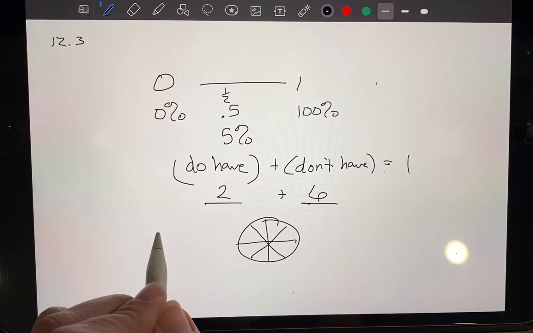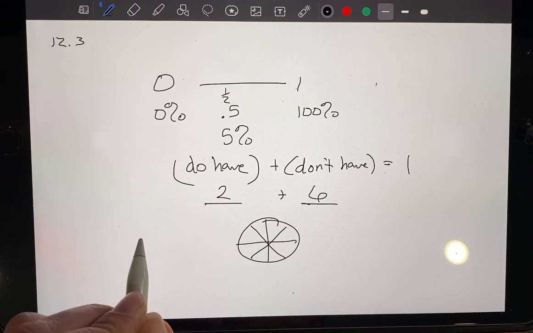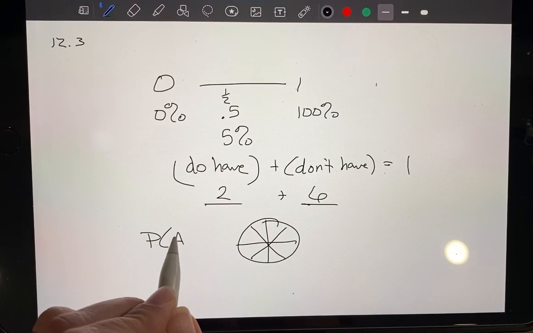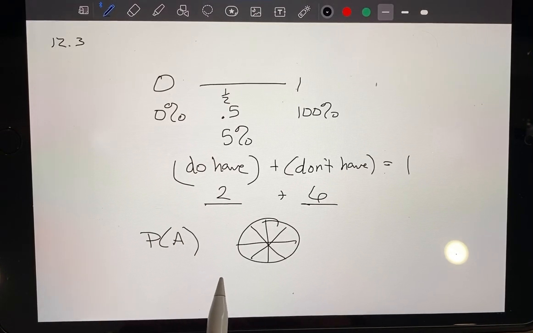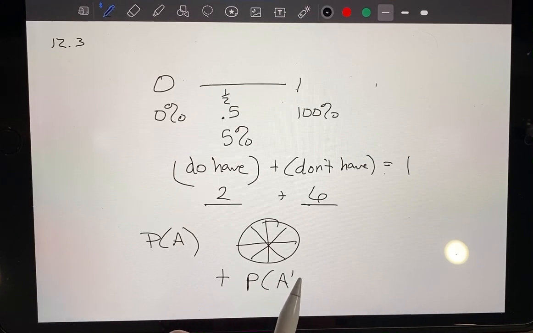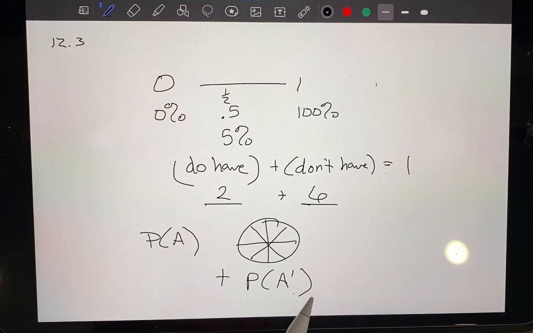So with probability, we can always say that the probability of what we do have plus the probability of what we don't have. And that is written with an A with a little accent mark on it. We've seen this accent mark often in our mathematics.